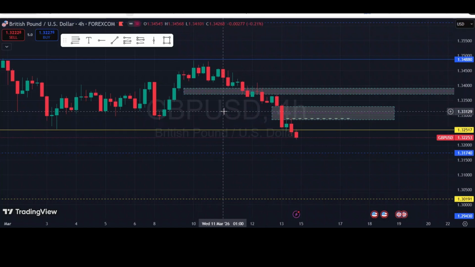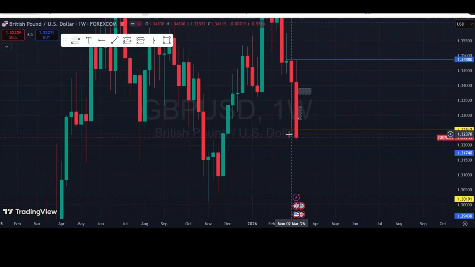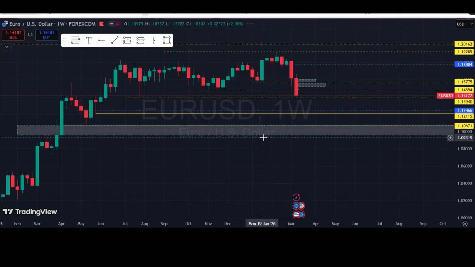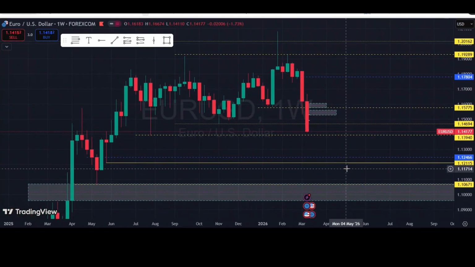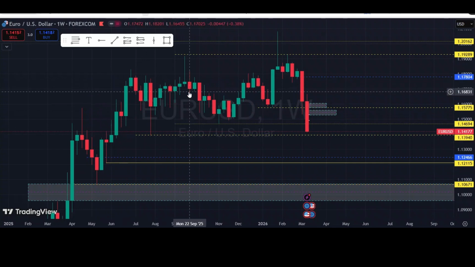We move to our next pair, which will be on the Euro USD. Also on the Euro USD on the weekly time frame, what has been our structure? It has been creating higher highs. Apparently on the weekly time frame, it has been more of a bullish scenario.